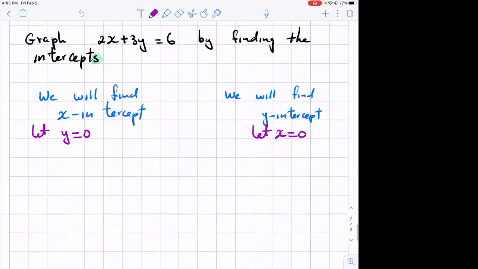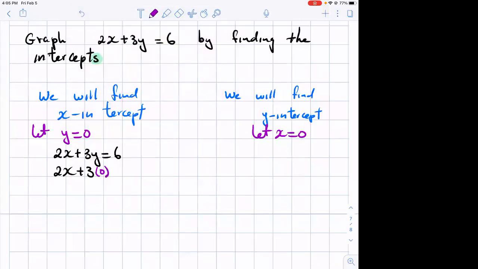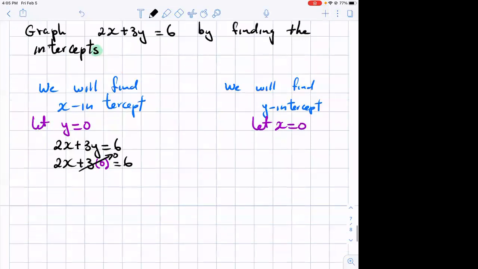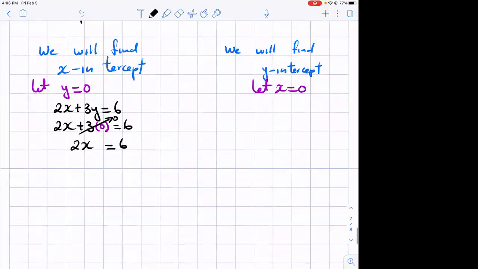So our equation is 2x plus 3y equals 6. So 2x plus 3, and instead of y, we replace it with 0. So this becomes 0, because 3 times 0 is 0. So you're left with 2x is equal to 6. Therefore, to get x by itself, we divide both sides by 2.